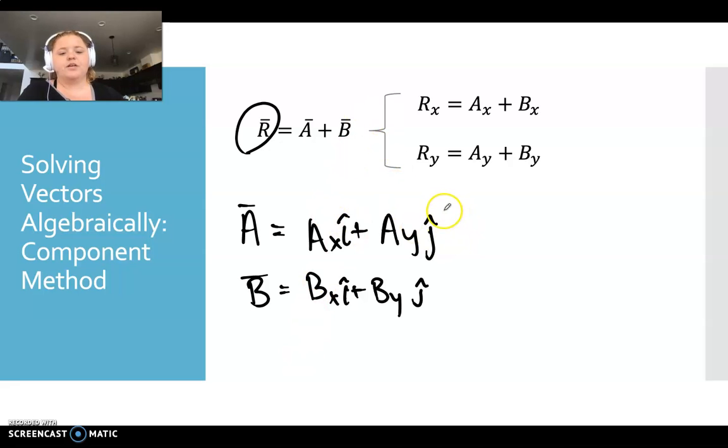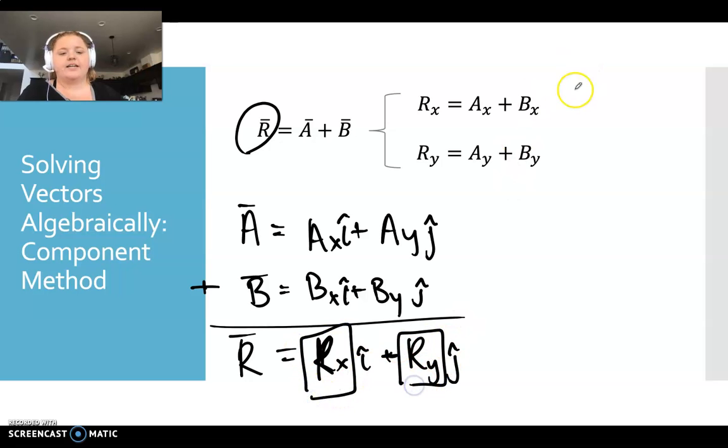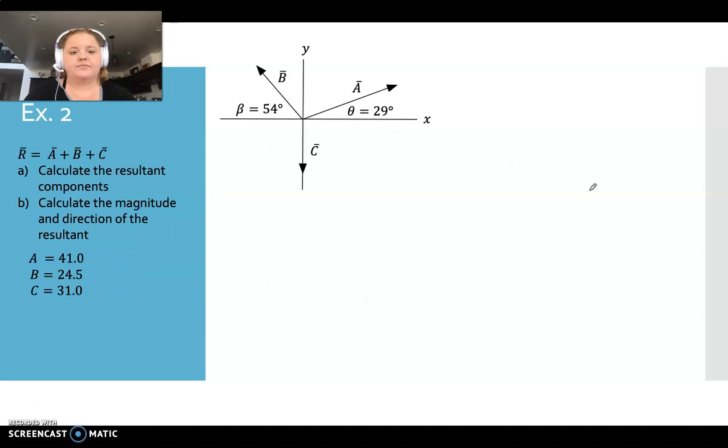So now what we'll do is we'll say, okay, if we add these together, we're going to get R, right? And will result in some Rx times i hat plus Ry j hat. And so these are defined as so, okay? So this is just a way to add these things algebraically instead of graphically, okay? And with more practice, it'll make a lot more sense and it'll become easier.